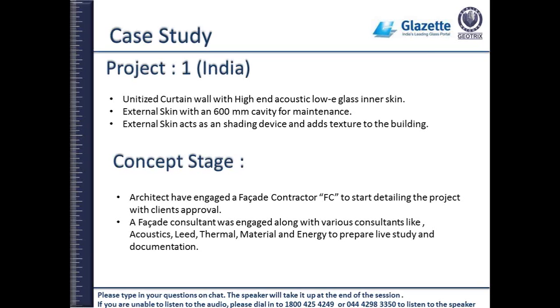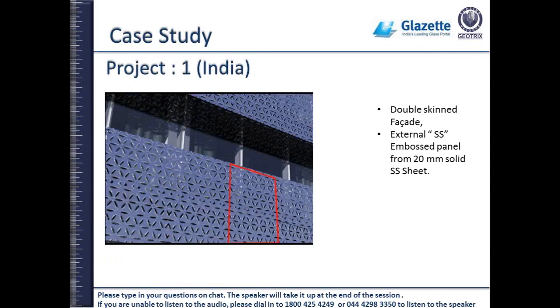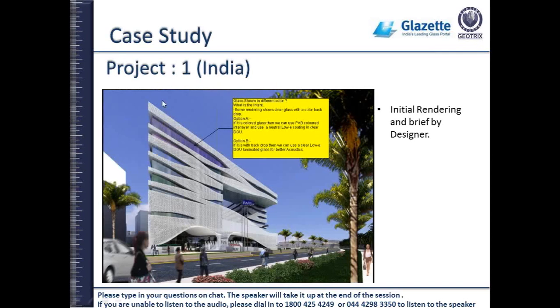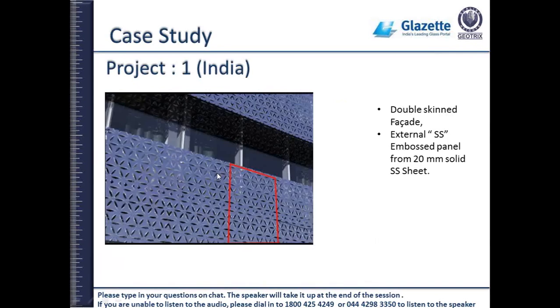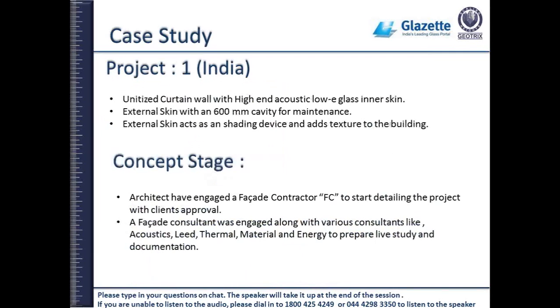And externally is the skin, what you just saw, the stainless steel skin, which acts as a shading device for the whole building, as well as a texture to the building. If you look at the building formation in the few slides before, you can see how it forms a texture. So it is an art, as well as an energy saving element.